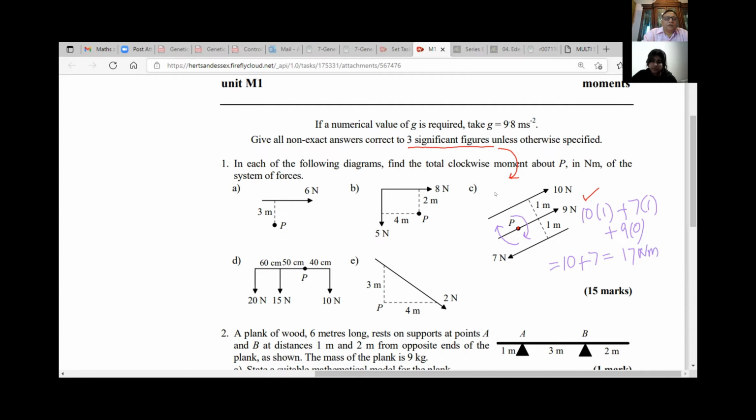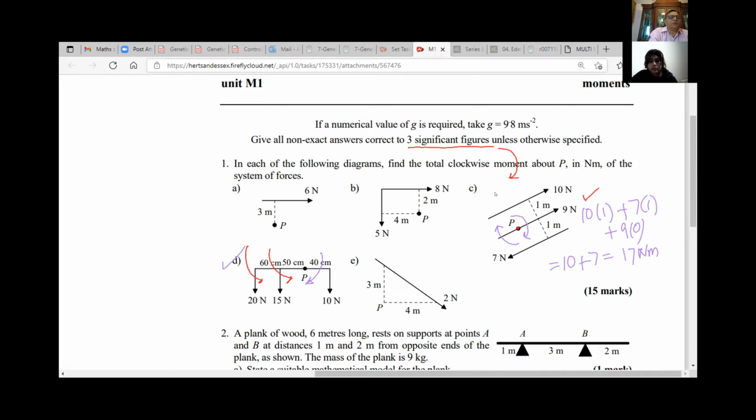Perfect. Now I'd like you to do part D. How will you do part D? With the 10 Newtons, you've got a clockwise motion, but with the 20 and 15 it's anti-clockwise. So we'll subtract them, and we'll keep positive with 10.